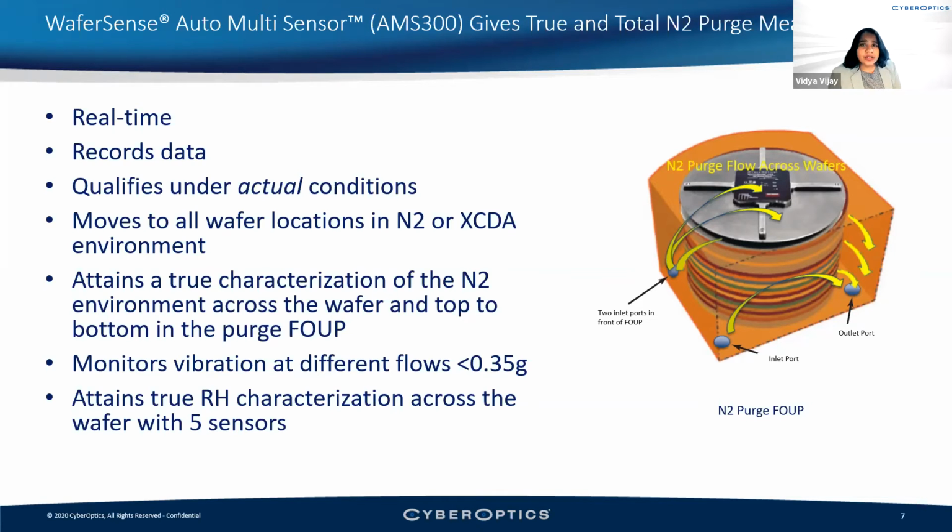So most of our sensors are single modality sensors, but this one is a multi-mode sensor because it can do humidity, vibration, and leveling. And we had to do this because there was a need for it. It was important for customers to know and characterize not just humidity, but also vibration. And we'll see more of that in the later slides.